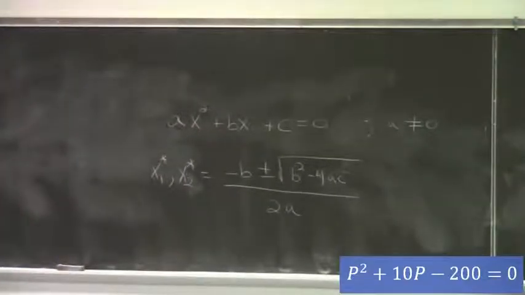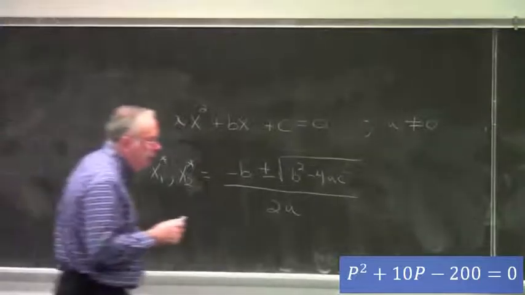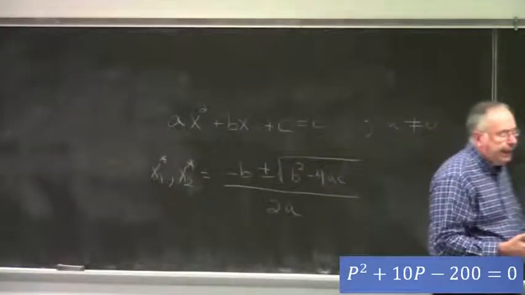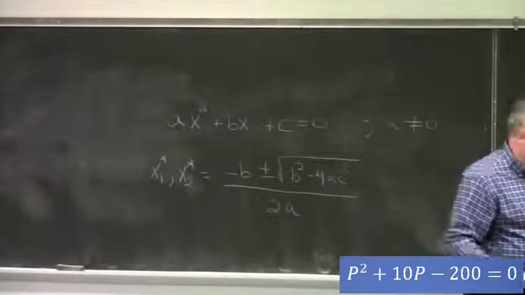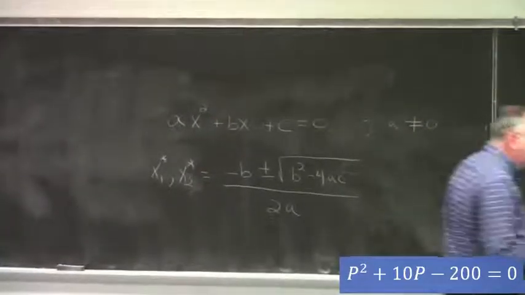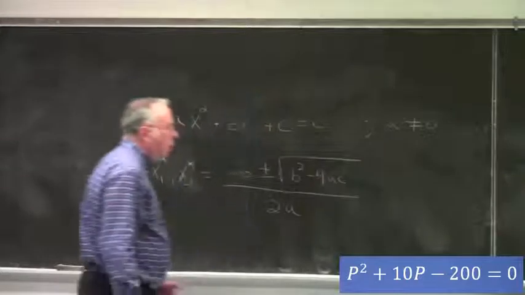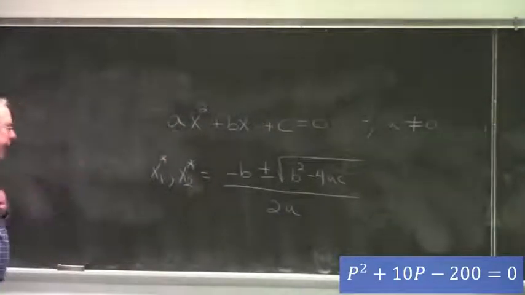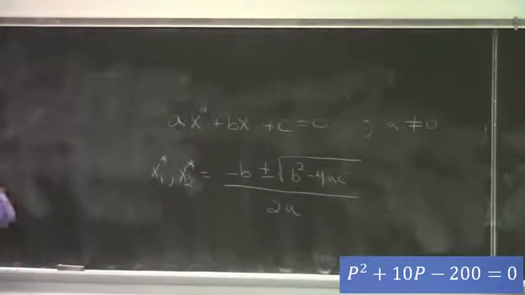Now, in our problem right here, we have p instead of x, okay? But just making that change, what is our value of a? 1. Okay, so we have a equals 1 in the problem we just did.